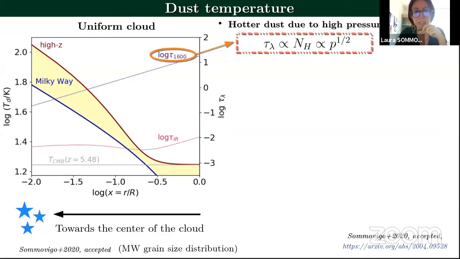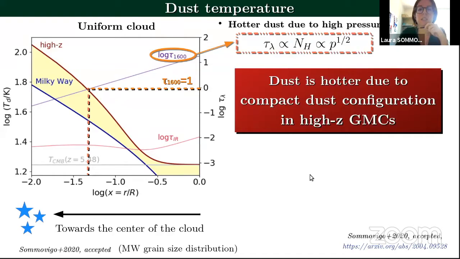We can understand this in physical terms because we know that the optical depth scales as the mean square root of the pressure within our semi-analytical model, meaning that the distance at which we reach optical depth equal to unity is much closer to the center of the cloud in the high redshift cloud with respect to the local cloud. So in other words, dust is hotter in the high redshift cloud due to the more compact dust configuration in this structure with respect to the local analog.